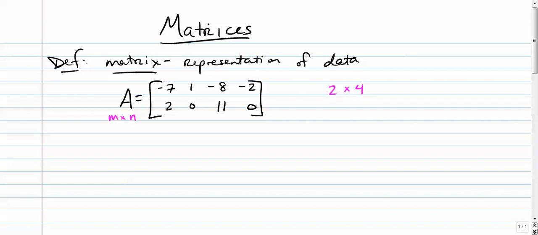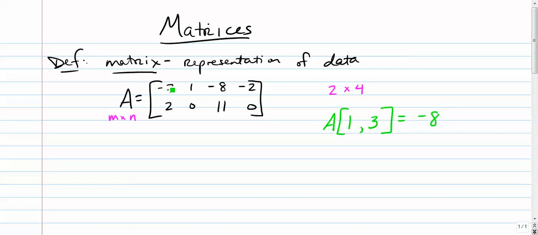If we're ever asked to identify specific entries, there are basically 2 ways to notate that. We would say capital A, and then in parentheses the specific entry you're looking for. So let's say we're looking for row 1, column 3. That entry is -8.